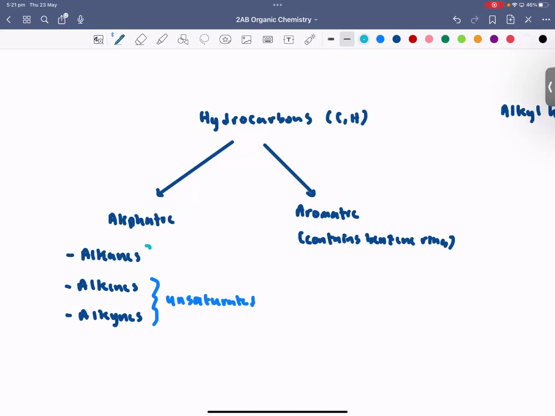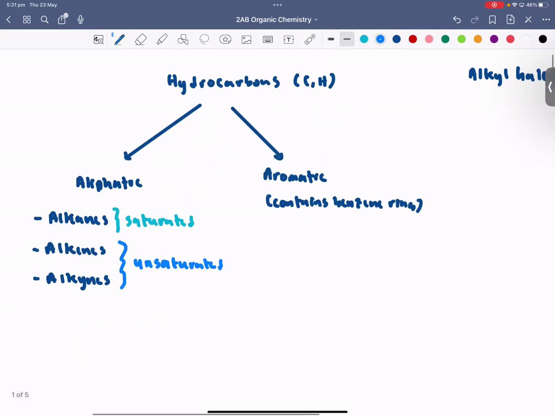Whereas alkanes, because they've got the maximum number of hydrogens that can attach to them, are classified as saturated hydrocarbons. Now, PS, even benzenes, despite not being able to do addition reactions, they're also classified as unsaturated. All right, even the benzene rings are classified as being unsaturated.